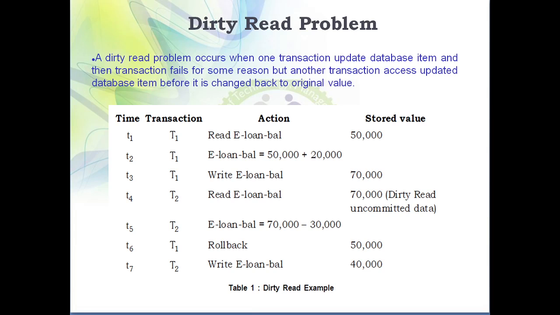That means whatever change was made by T1 is cancelled, but T2 has read the new value which is not there in the database. So it will cause a problem that is called the dirty read problem. So this is the second problem that occurs in the concurrent execution of a transaction.